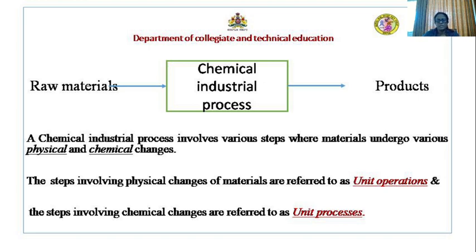Unit operations are very important because this particular category contains a number of operations which are very essential in the processes of chemical engineering. That forms a base for chemical engineering processes.